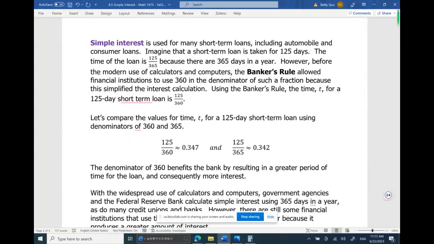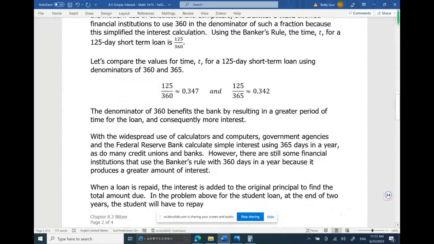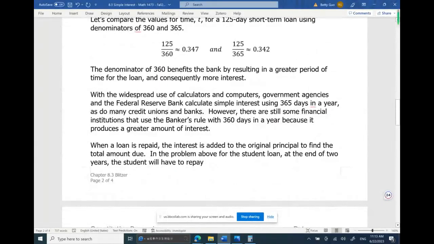It benefits the lender, the bank. So this is the banker's rule. With the widespread use of calculators and computers, government agencies and the Federal Reserve Bank calculate simple interest using 365 days in a year, as do many credit unions and banks. However, there are still some financial institutions that use banker's rule because it makes the interest bigger.